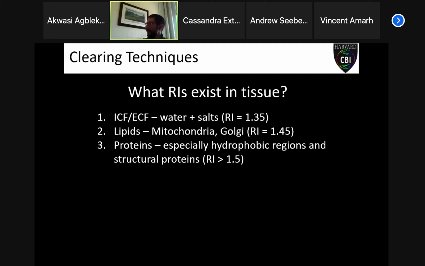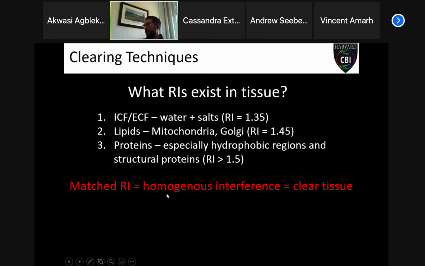And these have a refractive index up around 1.45 or even 1.47. And then we also have a lot of protein in our sample, obviously. Proteins, especially structural proteins like collagen and elastin, or proteins with large hydrophobic regions, have very high refractive indices. These are up over 1.5, and can be upwards of 1.55, 1.56.